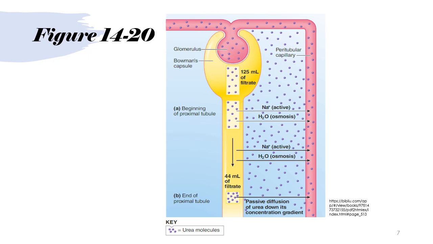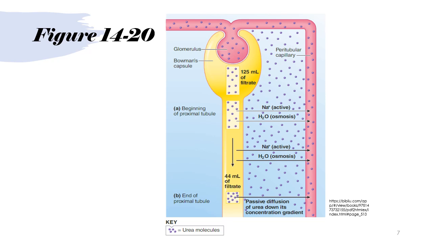Urea's concentration, as it is filtered at the glomerulus, is identical to its concentration in the plasma entering the peritubular capillaries. Therefore, the quantity of urea present in the 125 milliliters of filtered fluid at the beginning of the proximal tubule is concentrated almost threefold in the 44 milliliters left at the end of the proximal tubule.